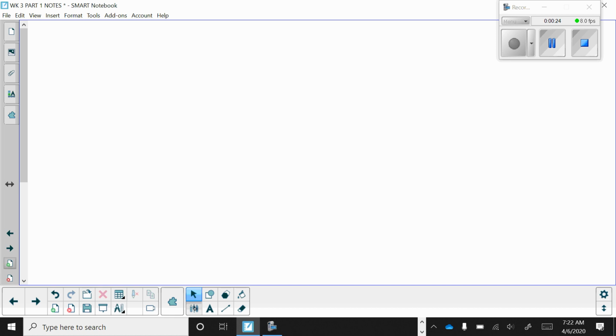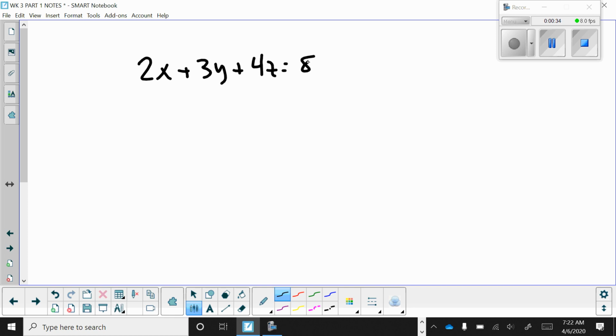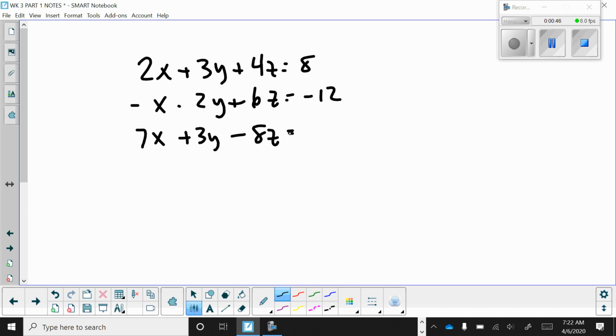On our last unit, we solved systems of equations. So let's say we had something like this. We would do elimination or substitution.